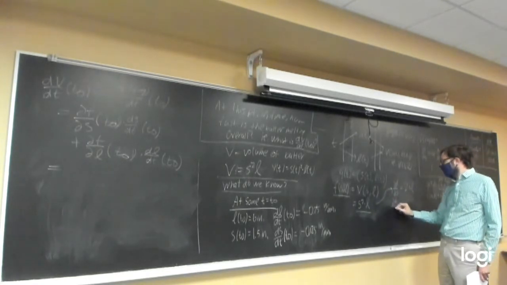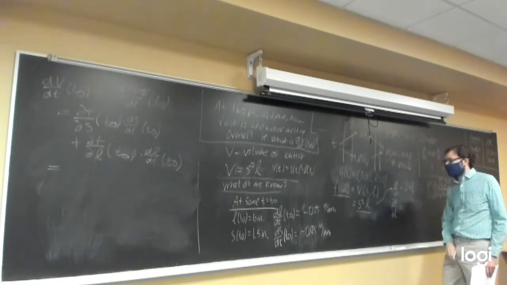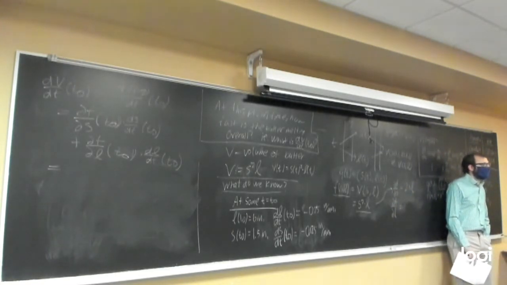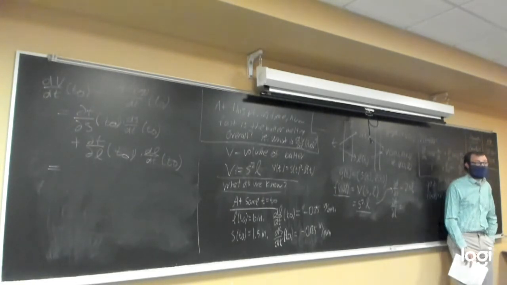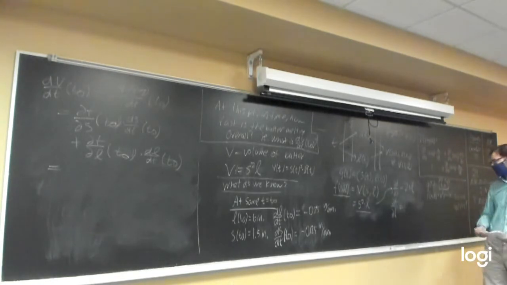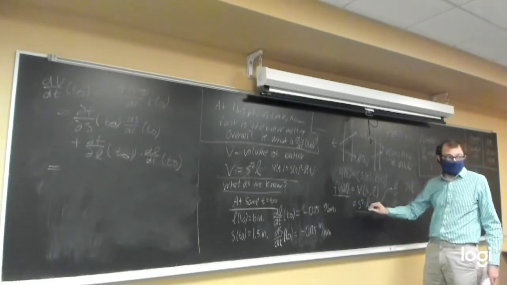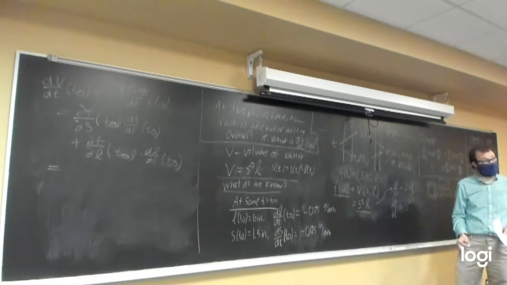And the derivative of f with respect to L: we're differentiating s squared times L with respect to L. What are we going to get? s squared. The derivative of a constant times L is just that constant, in this case s squared.